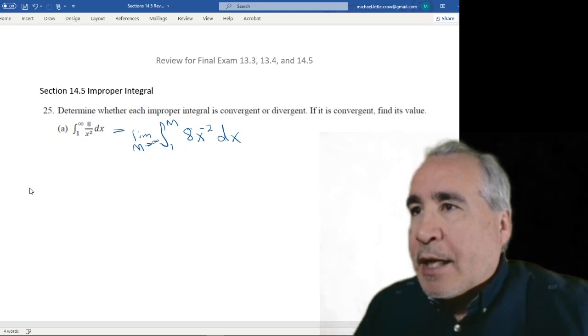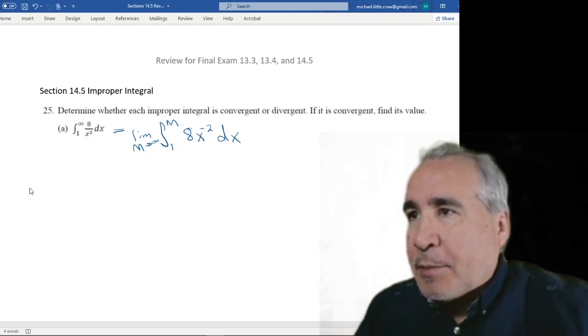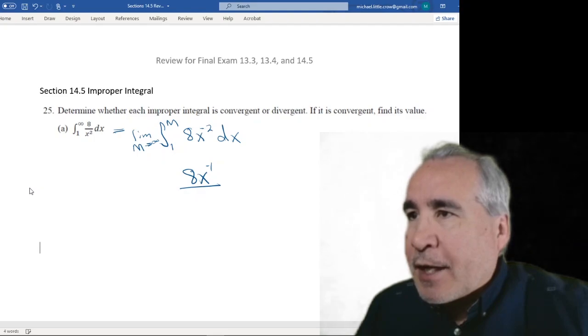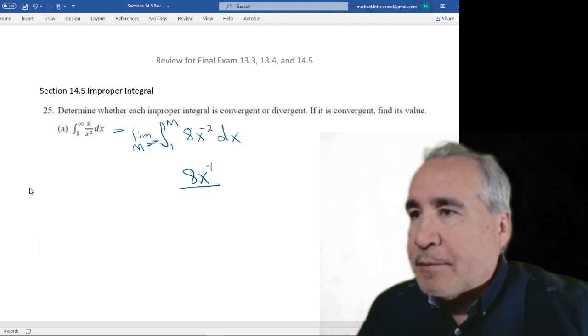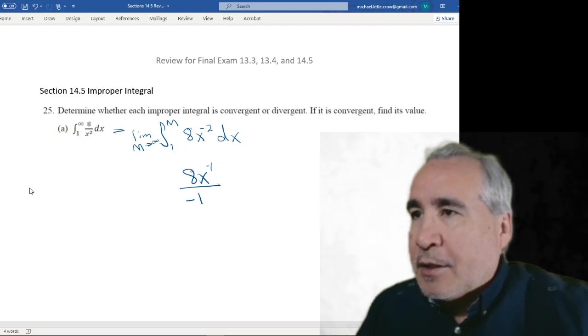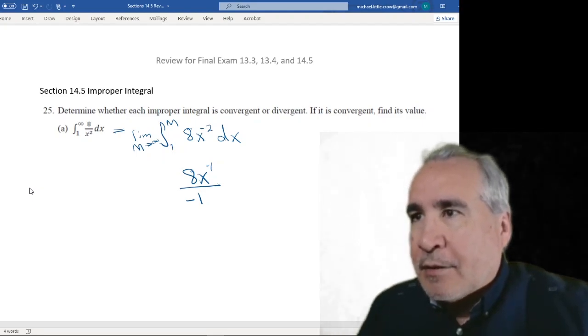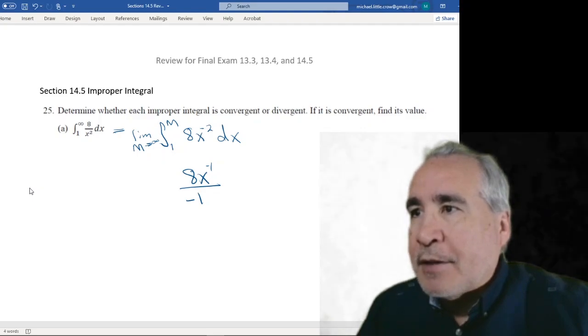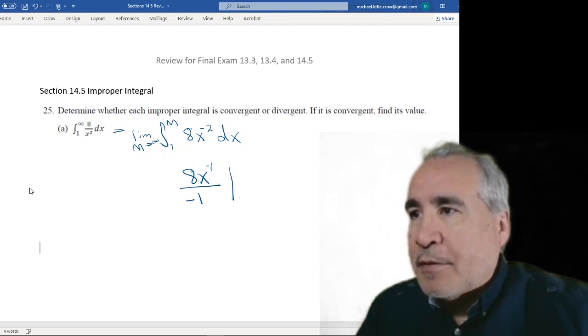Now we can readily integrate this. We add 1 to the exponent, remember? So as we integrate, we get 8x to the minus 1, negative 2 plus 1, and then we divide by this new exponent. Since this is a definite integral, the limits of integration go from 1 to m.